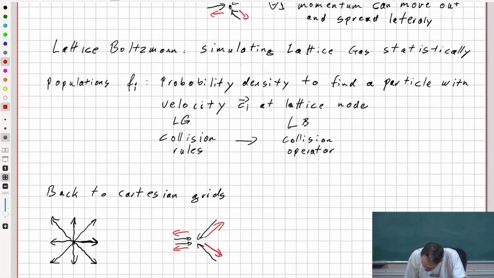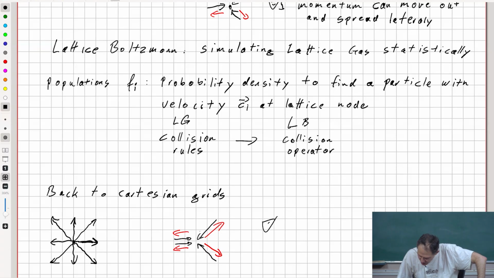Now this will spread momentum laterally. So here again, we need collisions between several particles. Just collisions between two particles is not enough. We now need actually two particles here coming from this side in order to be able to do this.